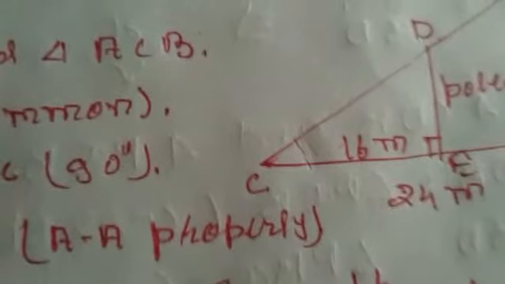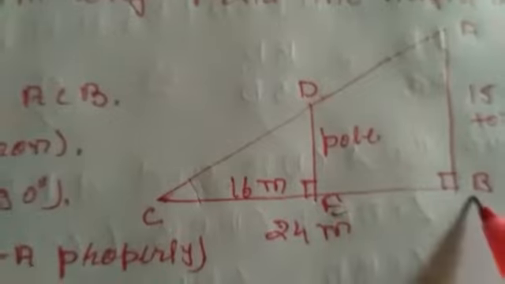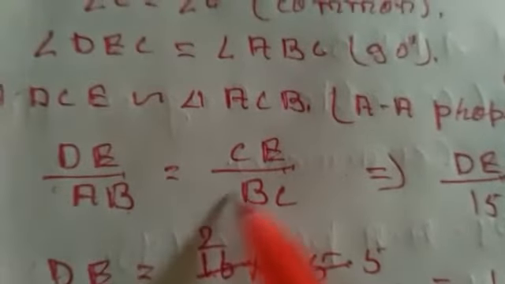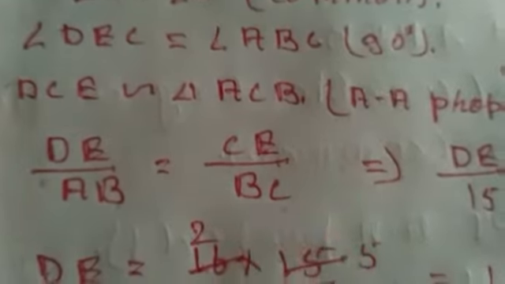And when these two triangles are similar, then their corresponding sides must be proportional. So that's why we can write DE by AB equals CE by BC.